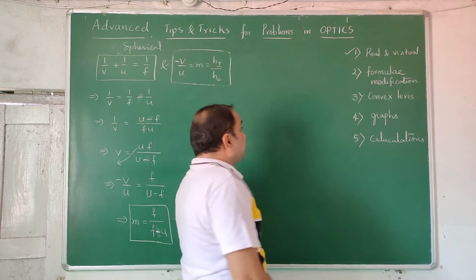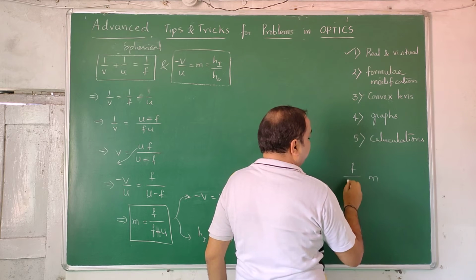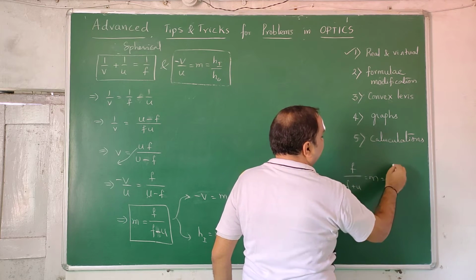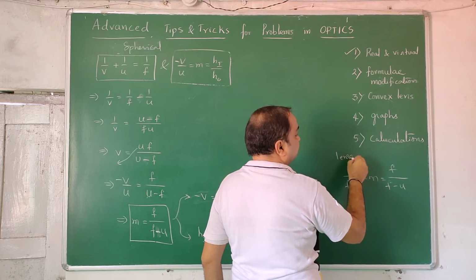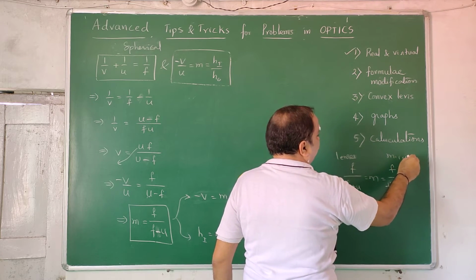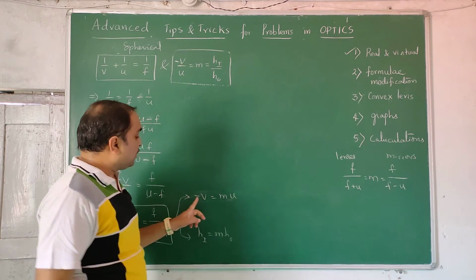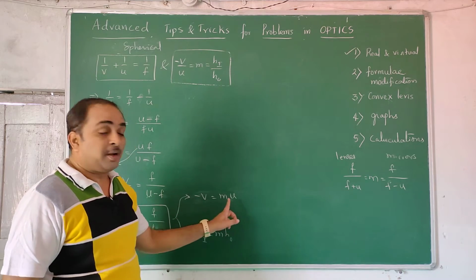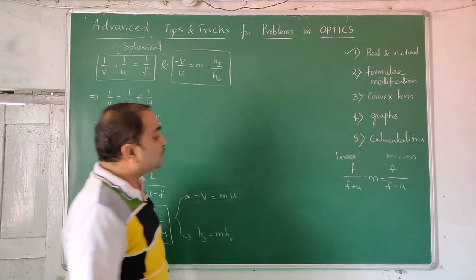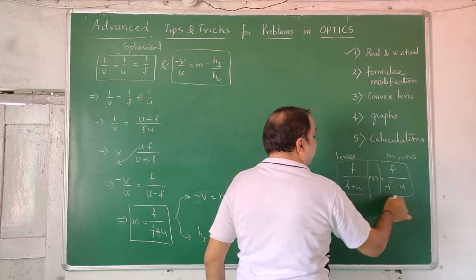So our formulas are: magnification is equal to f by f plus u for lenses, f by f minus u for mirrors. Once you get magnification, v is equal to m times u for lenses, minus v is equal to m times u for mirrors. These formulas, whatever I derived now, will reduce a lot of your calculations in future.